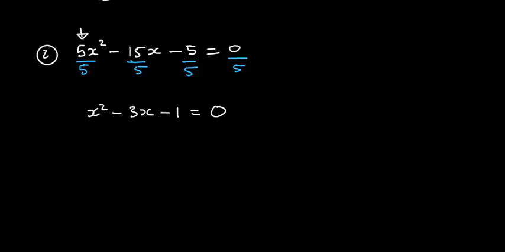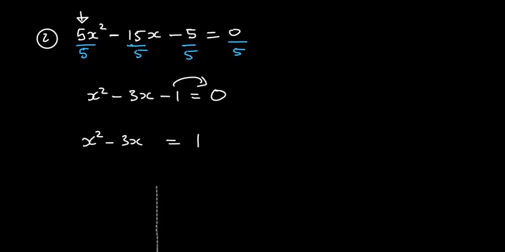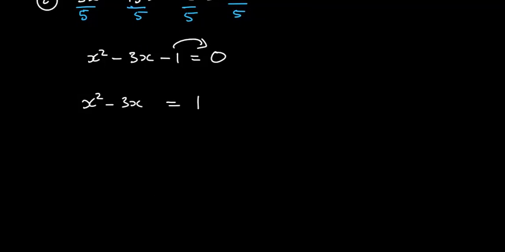So you take that other side, so you're left with x squared minus 3x equals positive 1. The next, you're going to say x squared minus 3x.